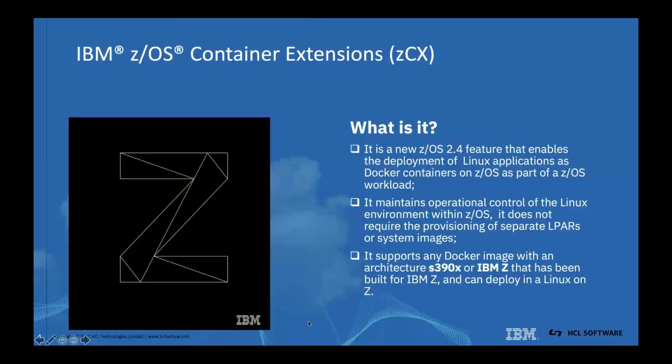So what is zCX? It's a new feature that is available since z/OS 2.4. What it does is enable the deployment of Linux applications as Docker containers on z/OS, but not on a zLinux environment, but specifically as one standard address space of a z/OS system.